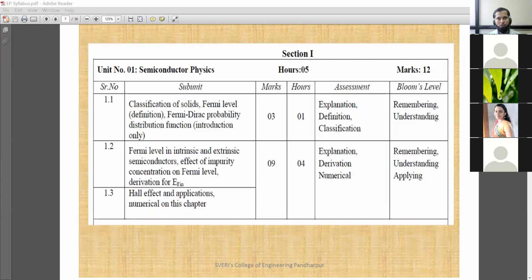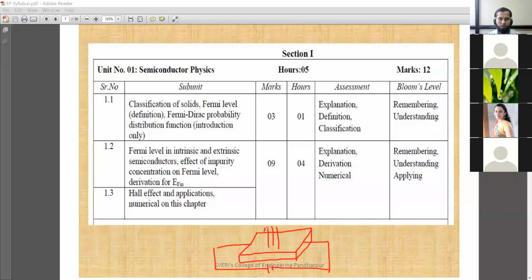Hall effect means what? If we consider a specimen like this, and if we apply electric and magnetic field perpendicular to each other, if this is the electric field and a magnetic field which is perpendicular to the electric field, like this, then what happens?